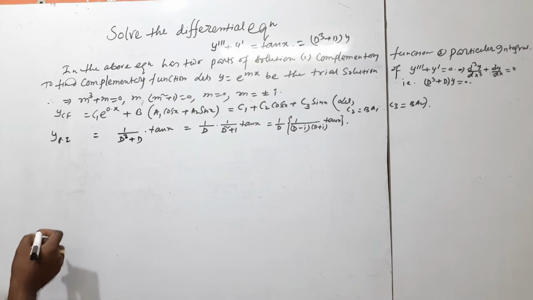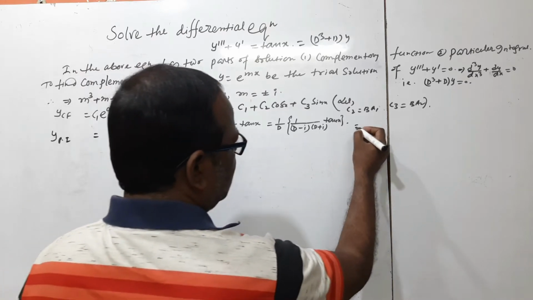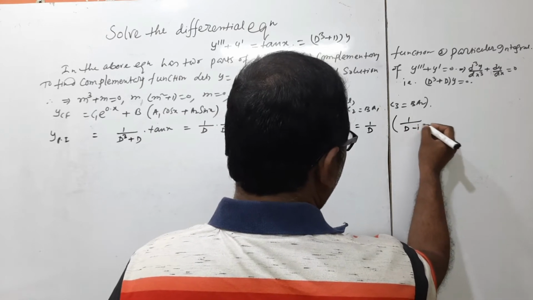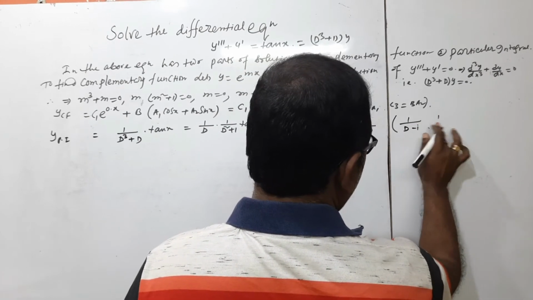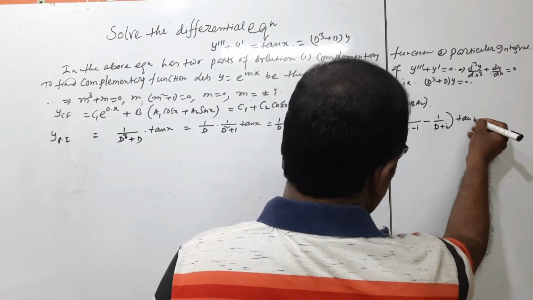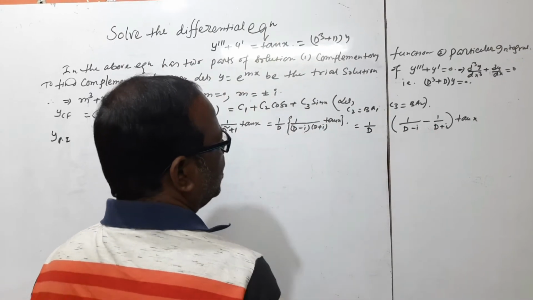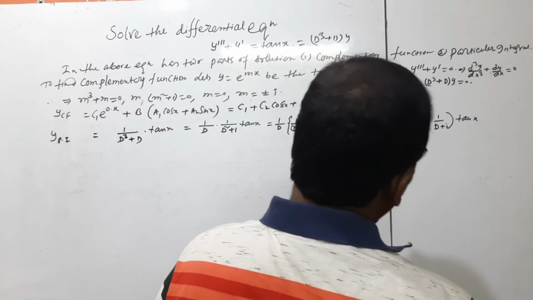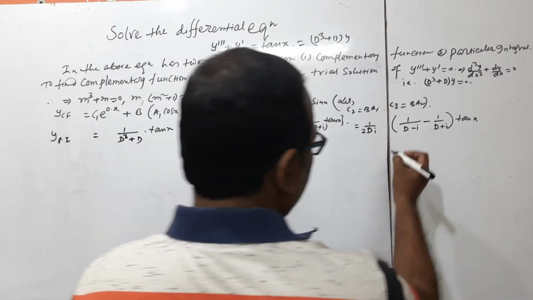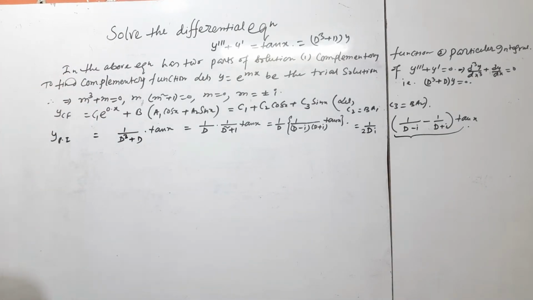It can be written as 1/(2i) times [1/(D − i) − 1/(D + i)] tan x. If we simplify, taking the LCM, the numerator is 2i. Now I am calculating only this part.